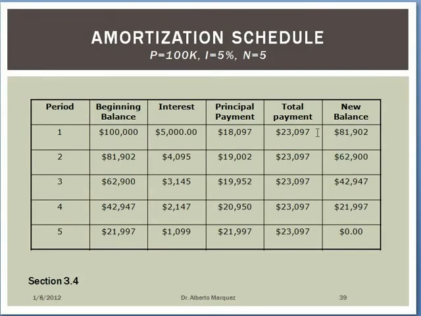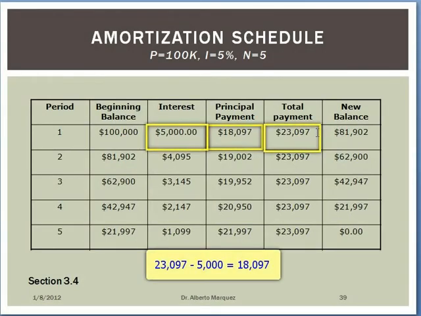The difference between 23,097 and 5,000 is $18,097. Of the money that we're paying, 5,000 go to pay just interest. The remaining $18,097 go to reduce the amount that we owe. That's a payment to the principal.